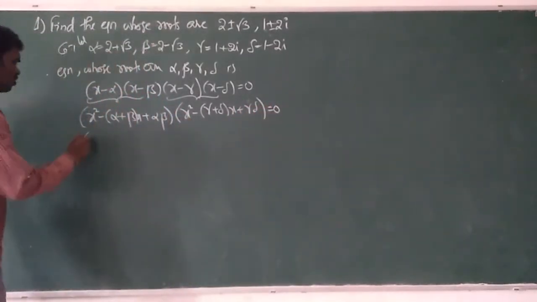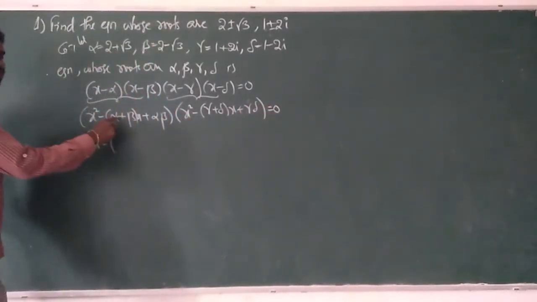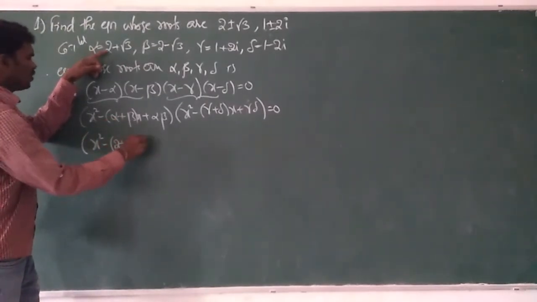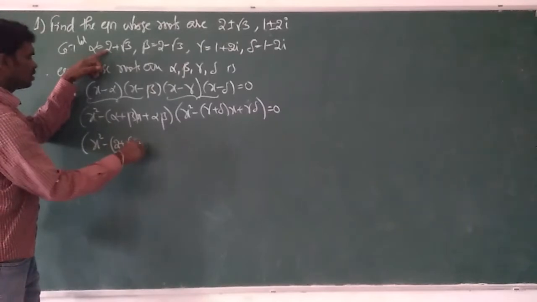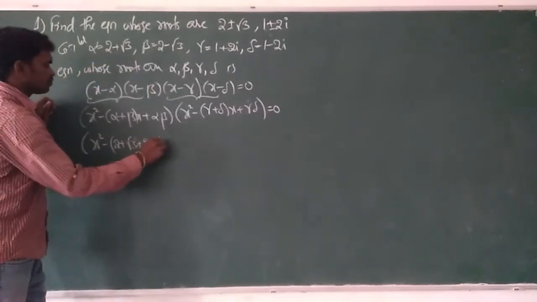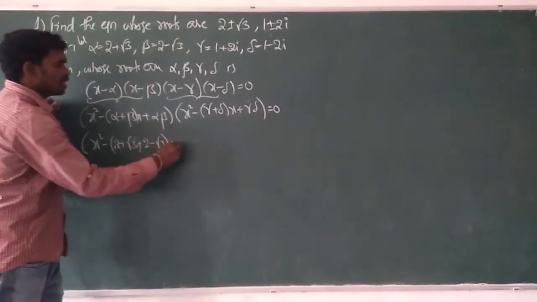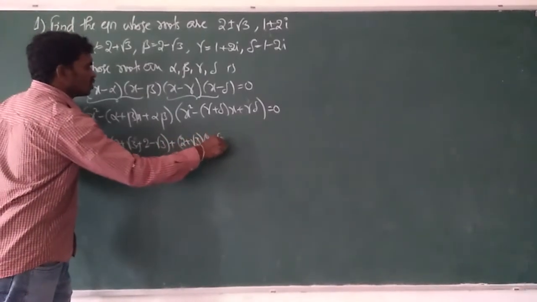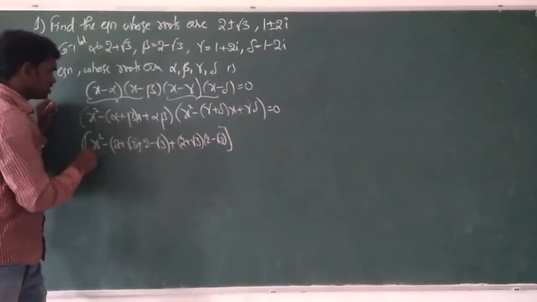Okay, so now substitute. Alpha is 2 plus root 3, plus beta, 2 minus root 3, and alpha beta means (2 plus root 3)(2 minus root 3). So this is the first one.